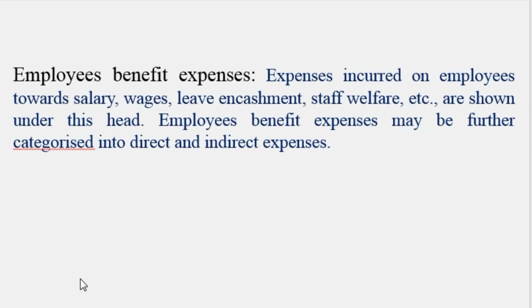Employee benefit expenses. I already told you that salary is recorded in employee benefit expenses. That means whatever expenses are incurred on employees toward their payments: wages, leave encashment, provident fund, etc. All are employee benefit expenses.